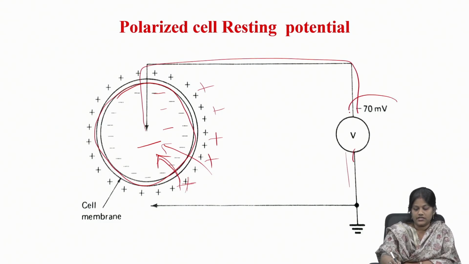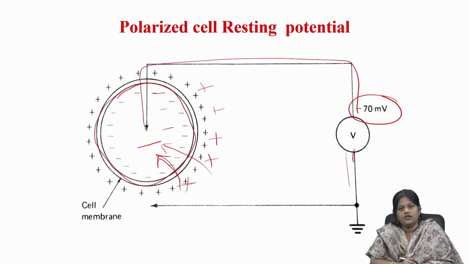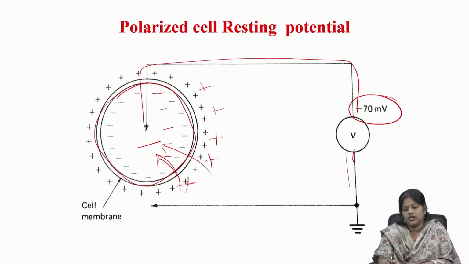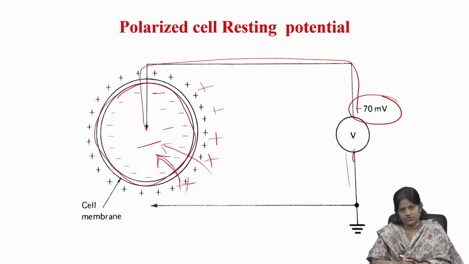That voltage is about minus 70 millivolts, and the range is nearly minus 60 to minus 120 millivolts. Any value in between might be there. This much voltage is produced when the cell reaches the equilibrium state.